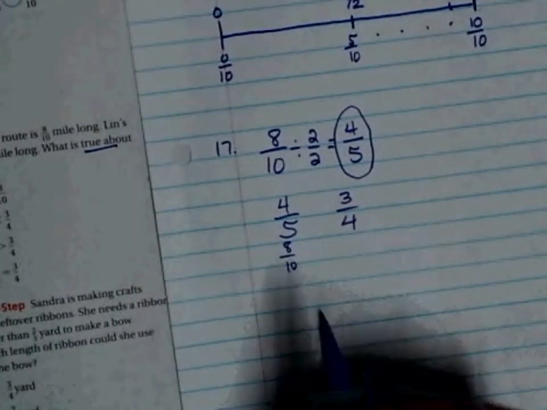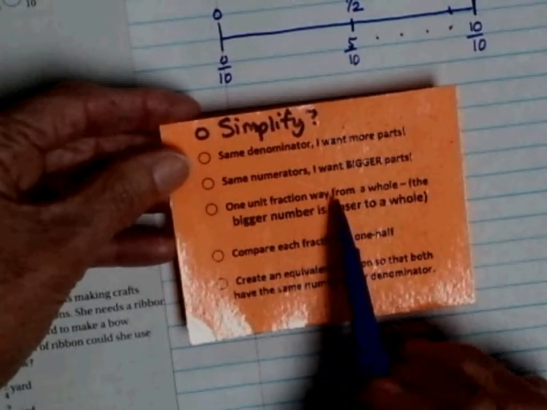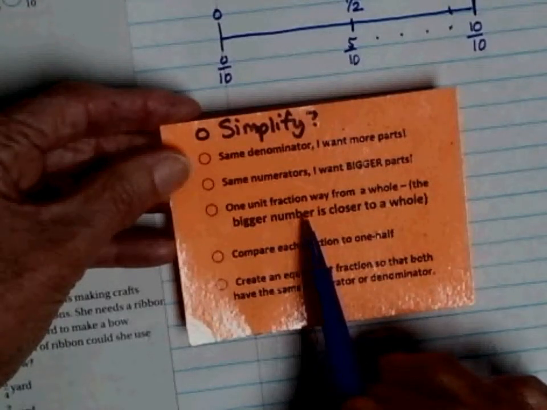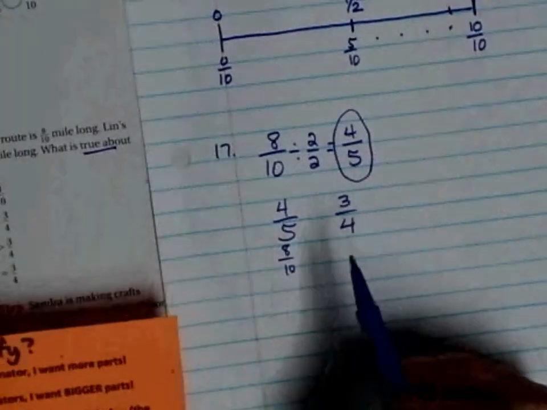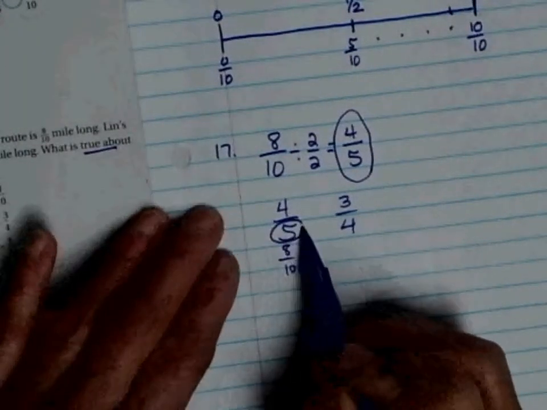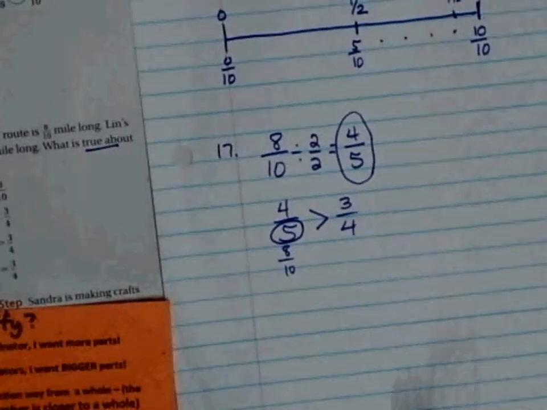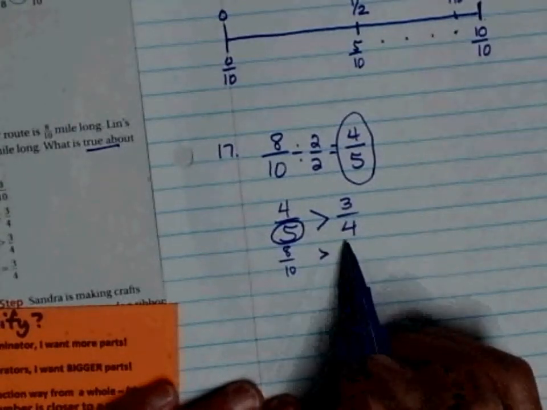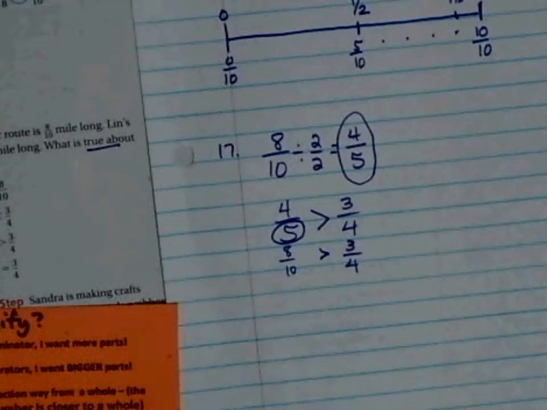Awesome. So what strategy can we use now? We can use 1 unit fraction away from a whole. The bigger number or denominator is closer to a whole because it's a smaller piece. So this is our bigger denominator, which makes it greater because it's closer to 1 whole on our number line. So we can say that 8/10 is greater than 3/4.